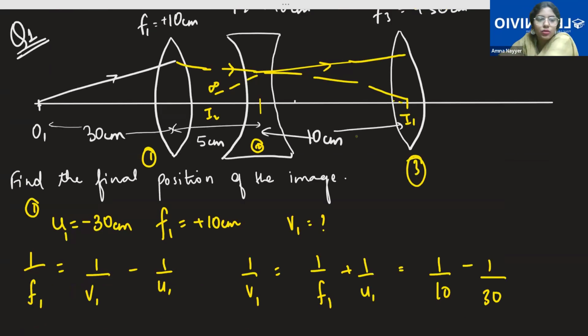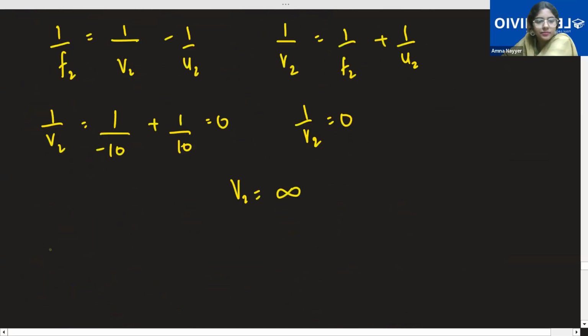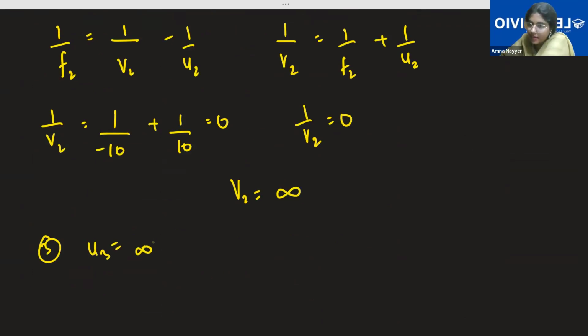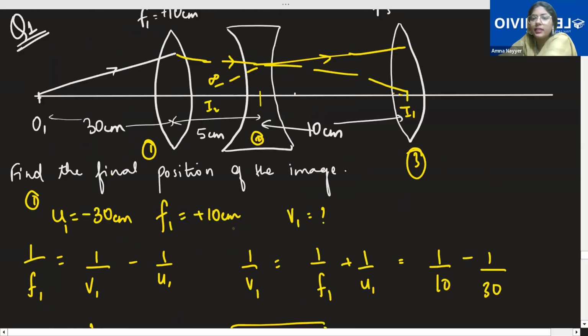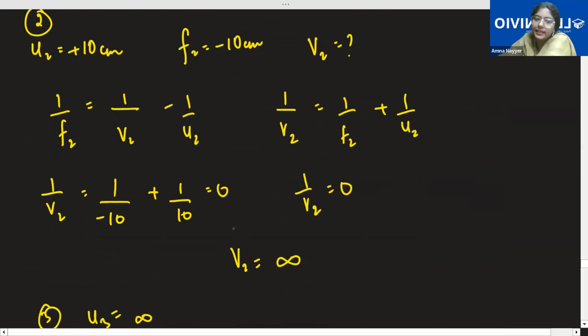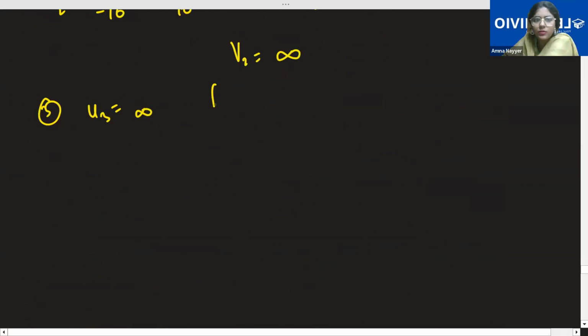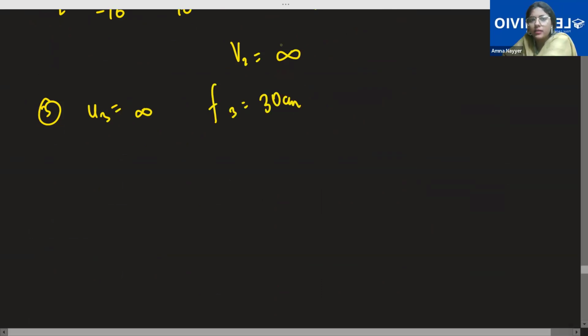So for the third lens, the object distance will be infinity. The image distance will act as the object distance for the successive lens. U3 is infinity. Now, focal length here is plus 30 centimeter. The focal lengths are given in the question only. F3 will be plus 30 centimeter.